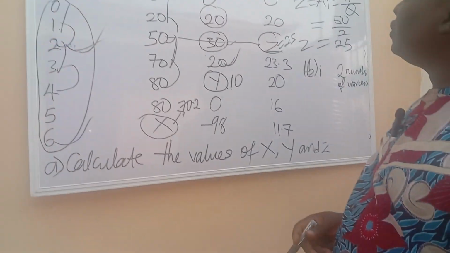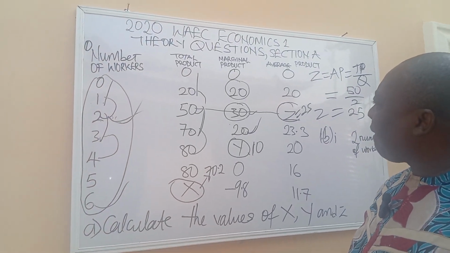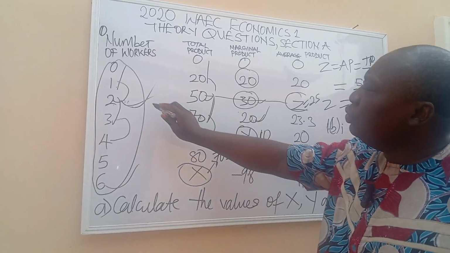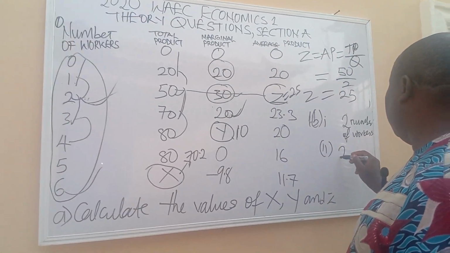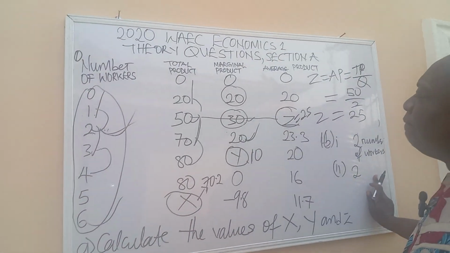Decreasing returns. Okay, so going by marginal product, we will choose 2. Going by marginal product, we will choose what? 2. When the number of workers is 2.